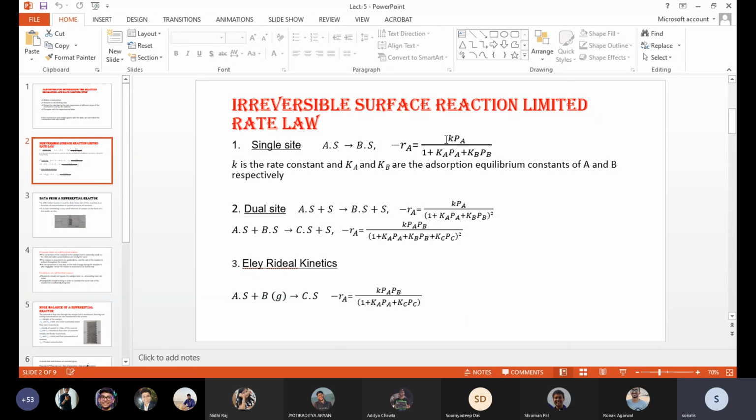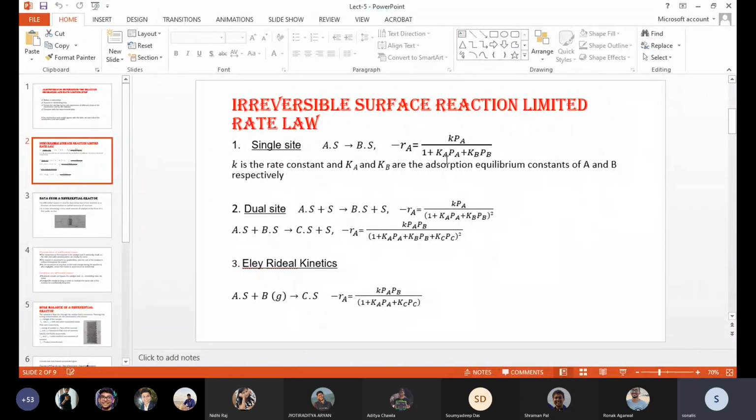Only one single rate constant we are considering. So minus rA is equal to kPA by 1 plus KAPA plus KBPB. Here you see both A and B are adsorbed on a single site.